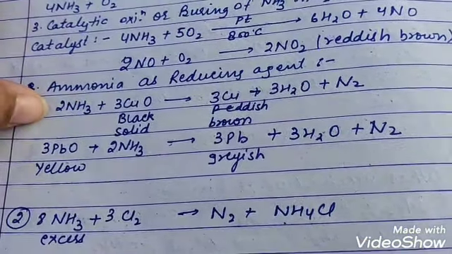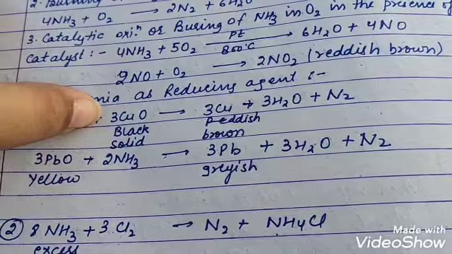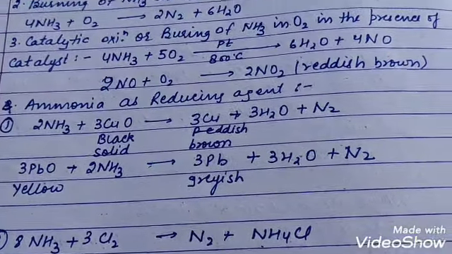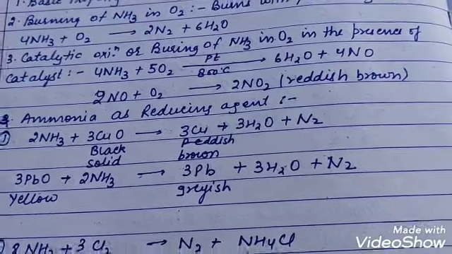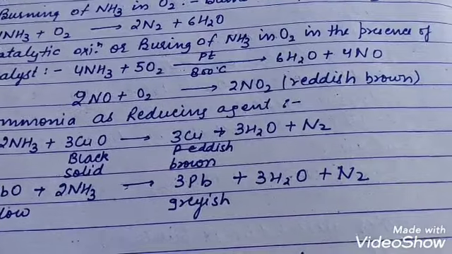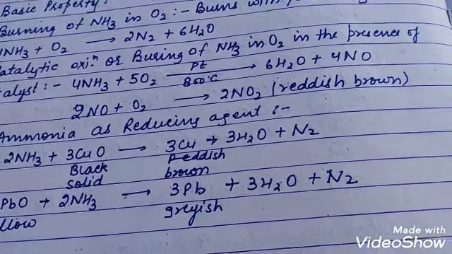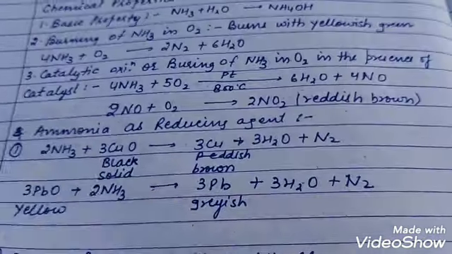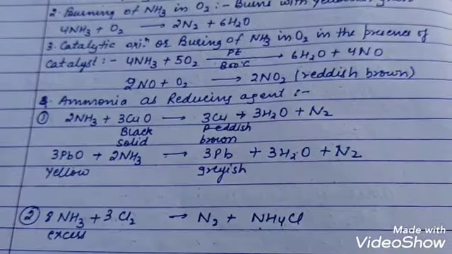So first, any metallic oxide, meaning those that are a little less reactive. Sodium oxide, potassium oxide, aluminium oxide, magnesium oxide cannot be reduced by ammonia because they are highly reactive.